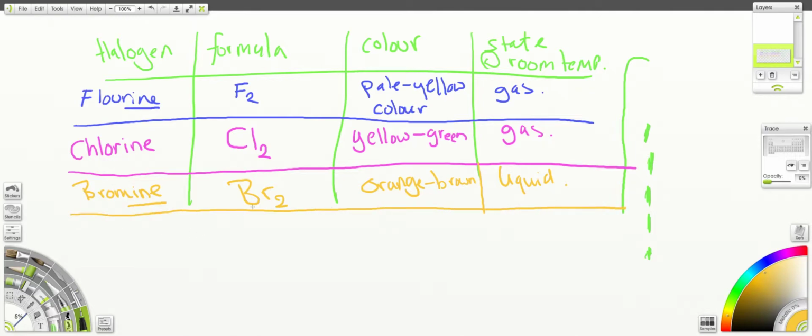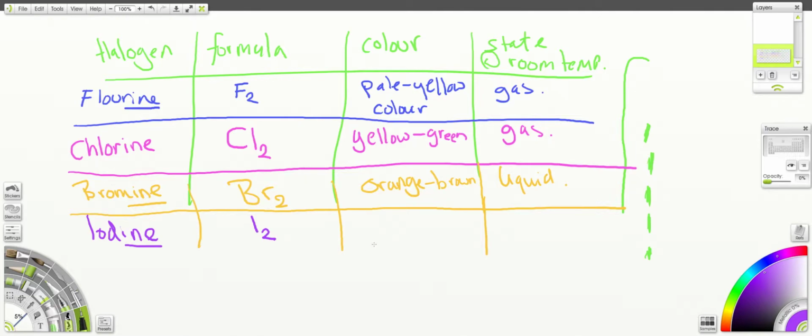Next we've got iodine. Now iodine, again, is diatomic, so notice it ends in INE and its formula is I2.